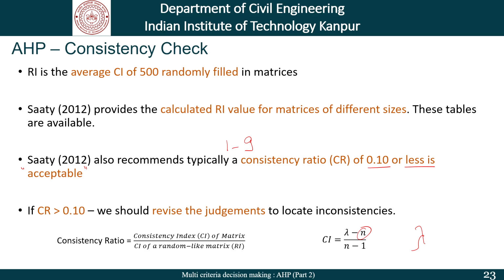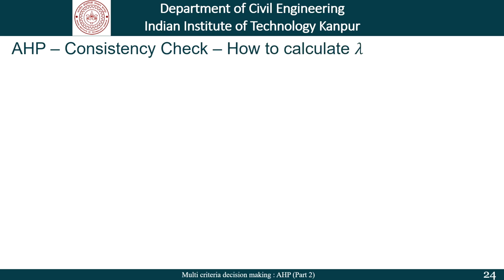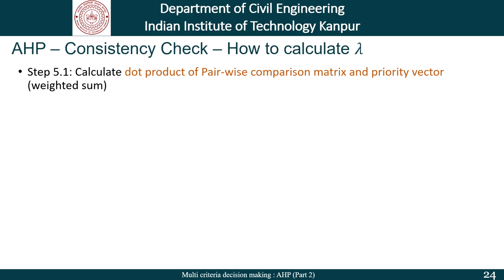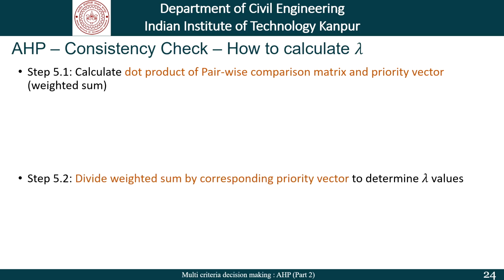I will just discuss one way to do this. To calculate lambda, we calculate the dot product of the pairwise comparison matrix and the priority vector. Basically, we are trying to do a weighted sum here. Then we divide these weighted sums by the corresponding priority vector to determine different lambda values.